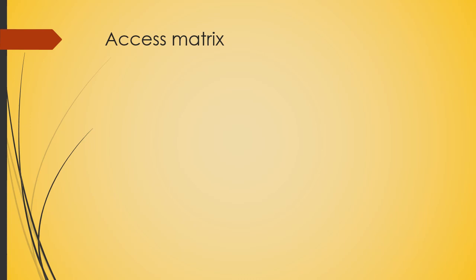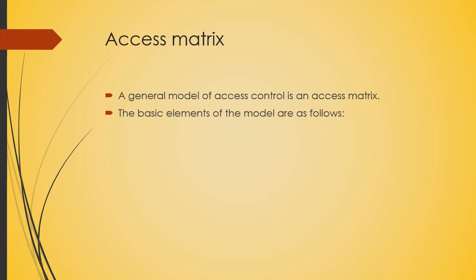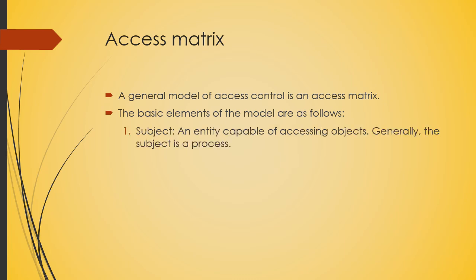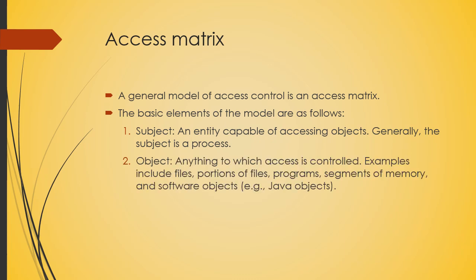Access matrix. A general model of access control is an access matrix. The basic elements of the model are as follows. Subject: an entity capable of accessing objects. Generally, the subject is a process. Object: anything to which access is controlled.